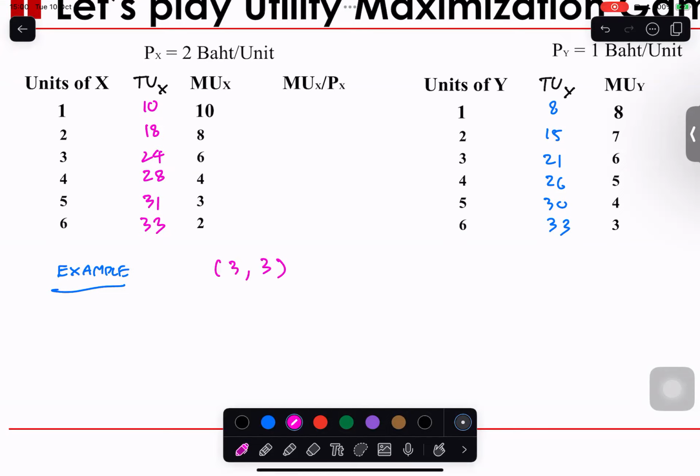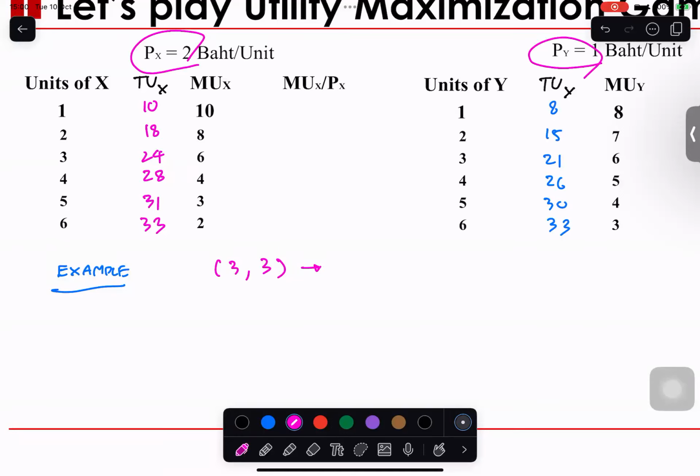Example. Let's look at this scenario. If we propose, hey, you just buy this 3X and 3Y. First, we have to check whether this basket is affordable. PX is 2 baht. PY is 1 baht.